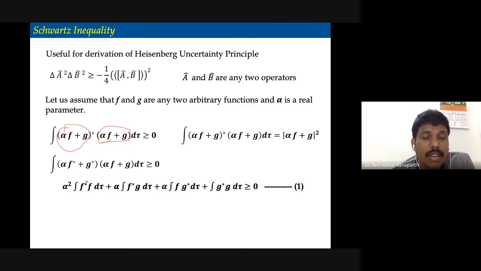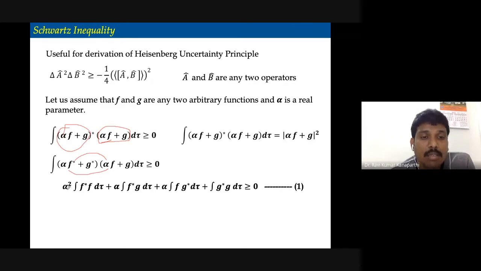Later I multiply it: a plus b multiplied by c plus d, because these are complex conjugate functions, they cannot be equated with alpha times f. Therefore there are four terms that you get when you multiply these things.